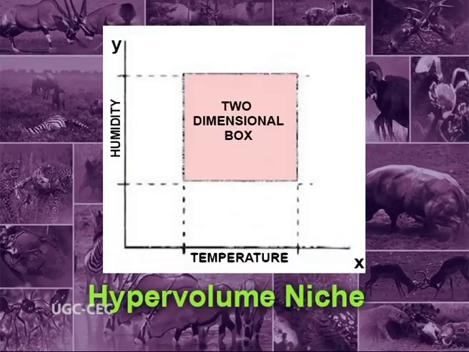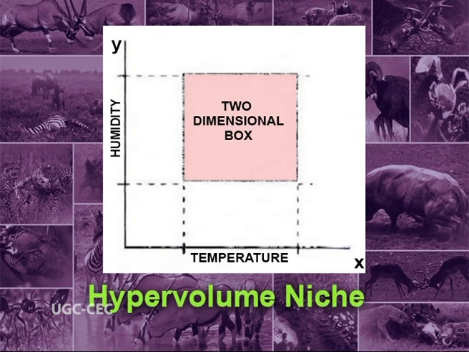Suppose that we measure the range of some environmental variable like temperature over which a particular species can live and reproduce, and we put this on a graph. Then we do the same for another environmental variable, humidity, and put this on the second axis of the graph. The space that is enclosed will represent the niche of the species.